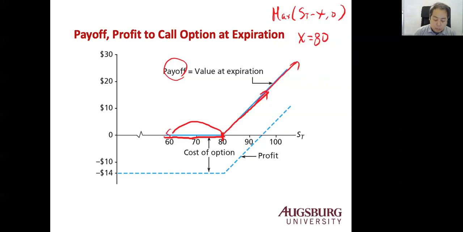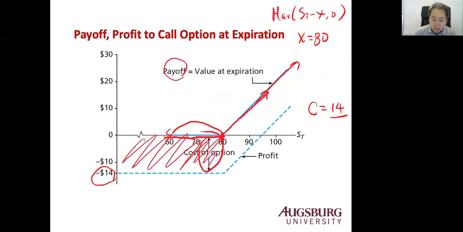Now because you pay the premium, and the premium here is $14, you lose $14 up to the $80 exercise price, then you start to decrease the losses, and at $94, which is the exercise price plus the $14 option price, you are even. After that, you make a profit.